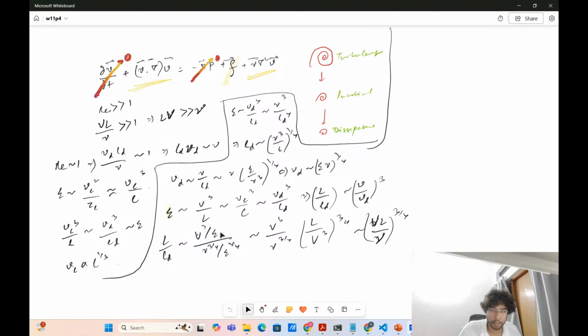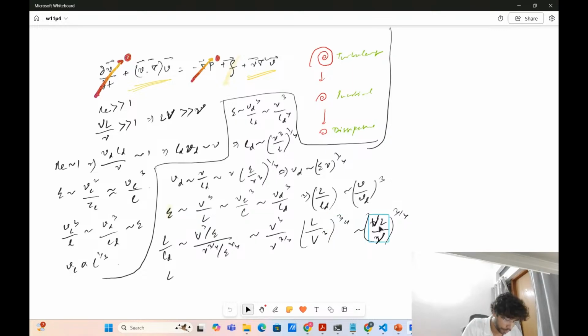And from here you have epsilon to the power of minus 3 by 4. And epsilon to the power of minus 3 by 4 is L by V cube whole to the power of 3 by 4, right? Okay, so this will be VL by nu whole to the power of 3 by 4.